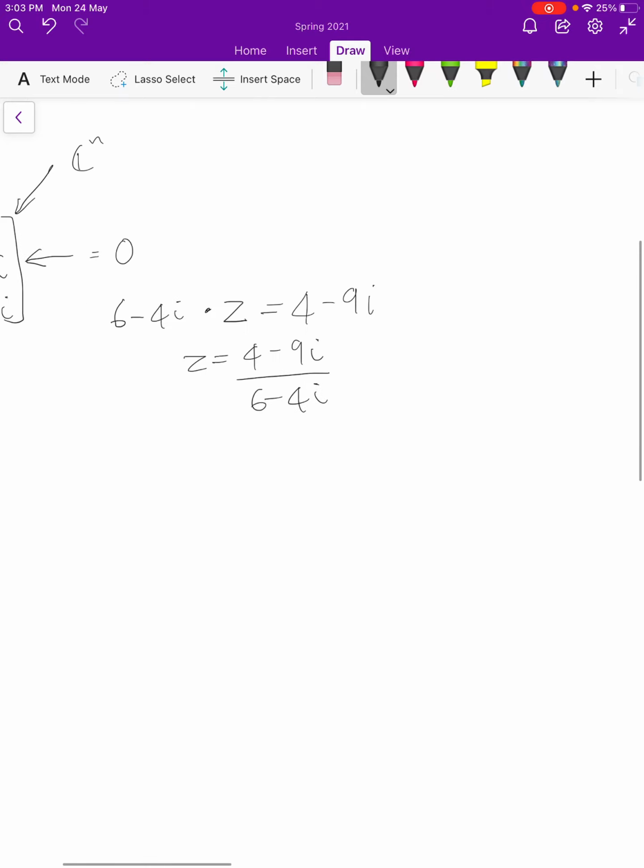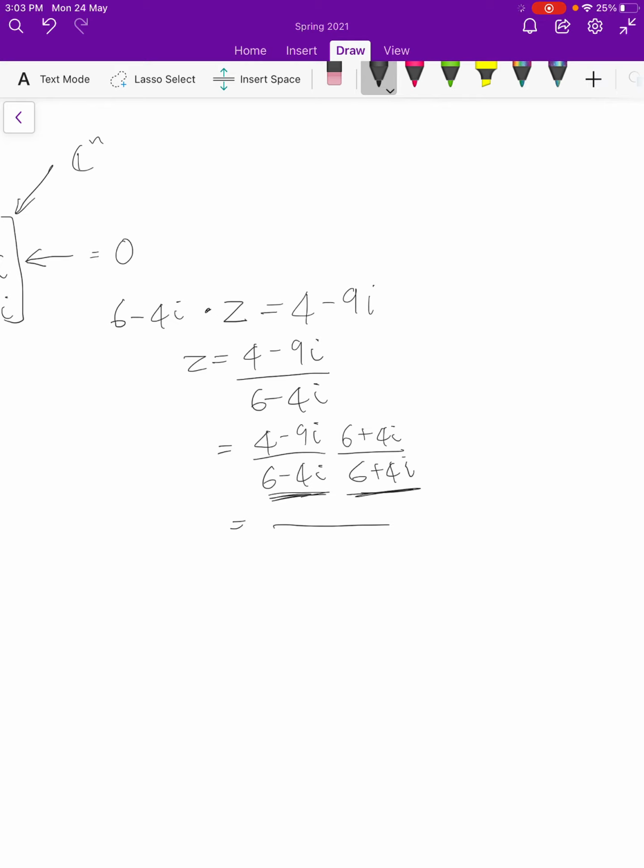You just have to do complex division. So how you do this, 4 minus 9i over 6 minus 4i, and multiply by its conjugate, so 6 plus 4i over 6 plus 4i, you're just multiplying by 1, because that's allowed. This times this is what? It's just 36 plus 16.